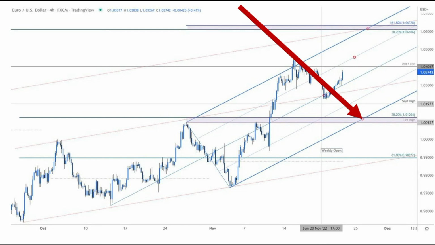Now I will show the same example. This is the euro dollar. It's a 4-hour chart, and on this chart we have, for example, the 38.2% Fibonacci retracement level, the October high, or the weekly open. We have several important price levels on a very small portion of this chart, and this area is very strong.